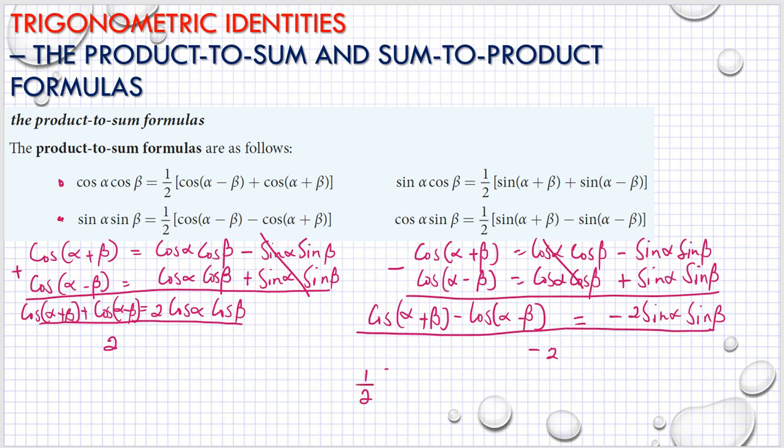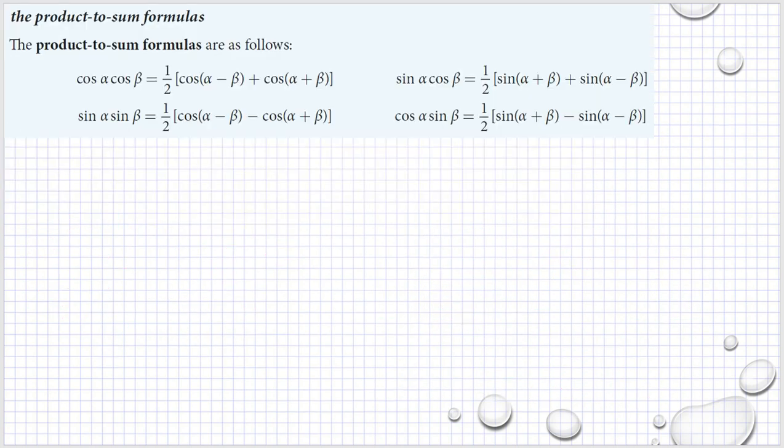Negative negative will become positive, cosine alpha minus beta minus cosine alpha plus beta is equal to sine alpha sine beta. Then we get those two. And as you can see, for these two, we will do the sine, sum and difference of two angles instead.